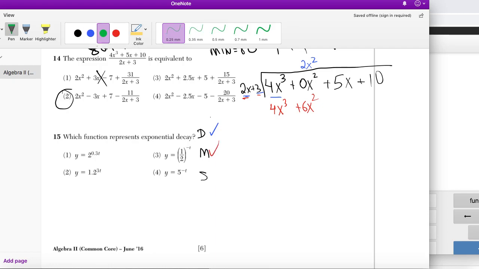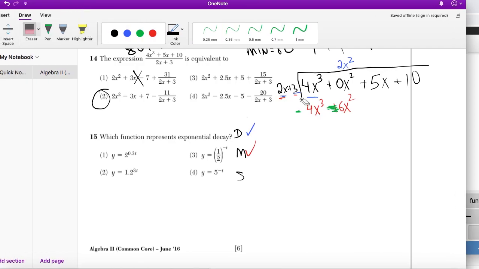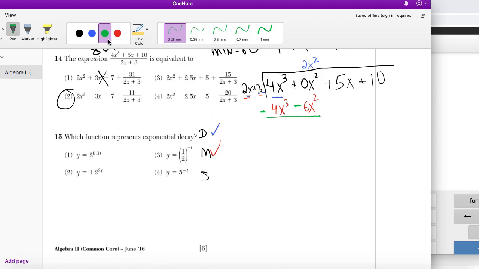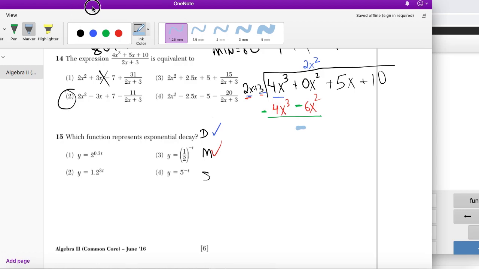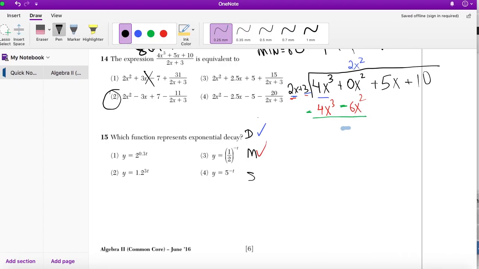Subtracting means I'm going to subtract whatever I got here. The sign is going to change to the opposite. So this will both become minus. If it was a plus, it would have changed to a minus, which was the case. Had it been a minus, it would have changed to a plus when we're subtracting a binomial. So the first two terms should cancel out. 0x squared minus 6x squared is negative 6x squared. So we got negative 6x squared, and I'm going to check off as we do each step.